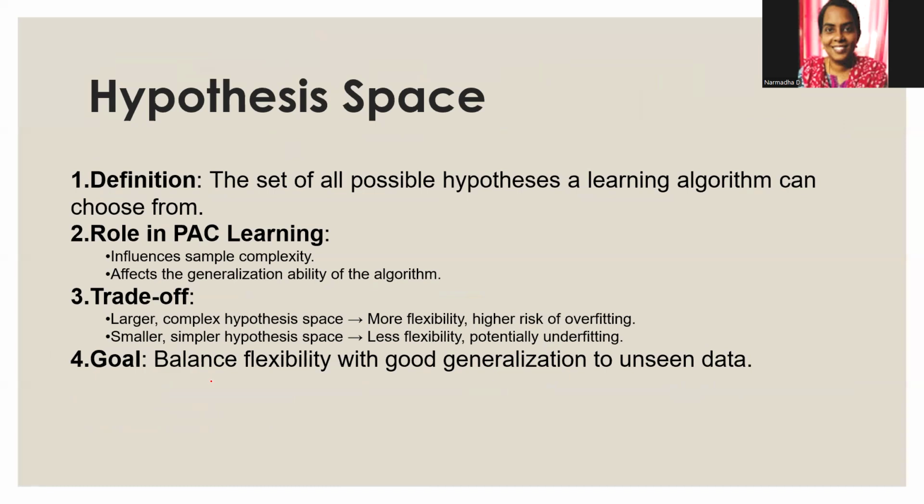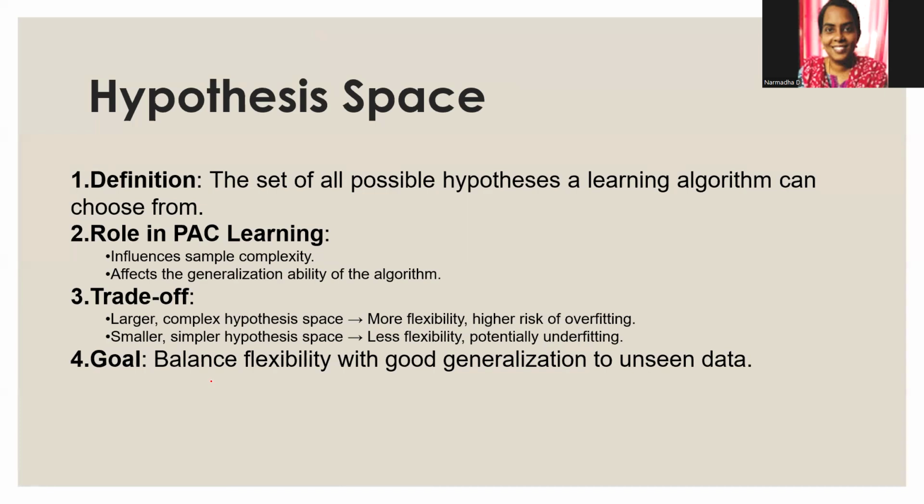You need to have a trade-off. When you have a larger, more complex hypothesis, there is more risk of overfitting. It learns too much from the training data set, including the noise, but fails to predict for unseen data.